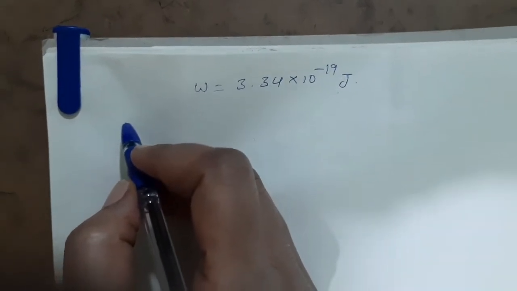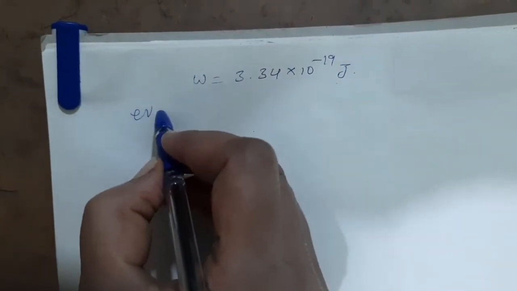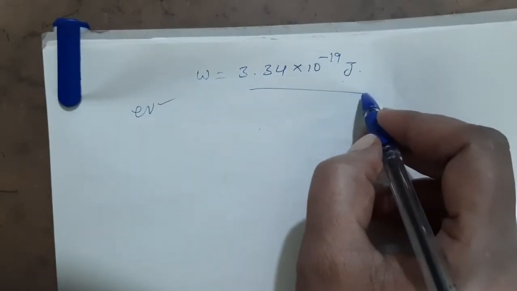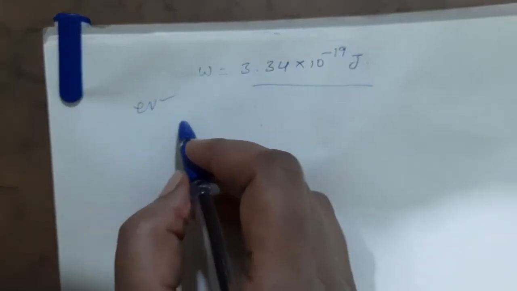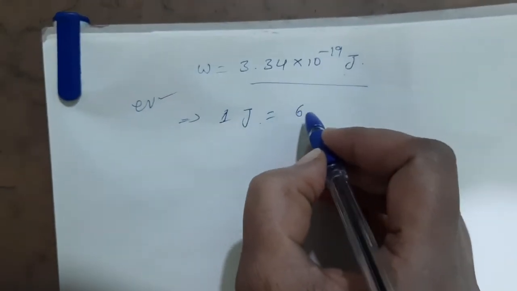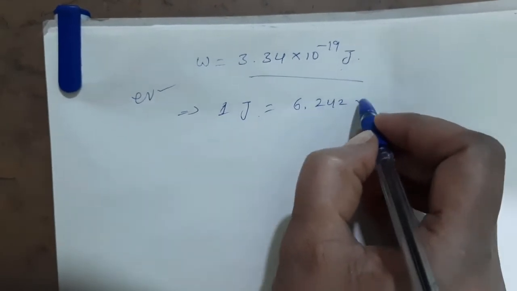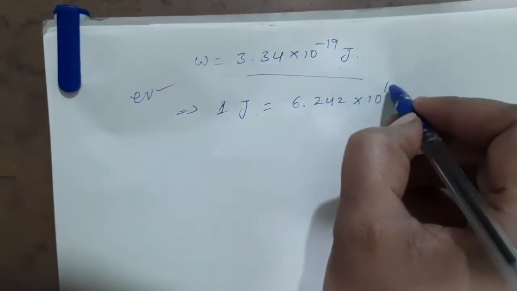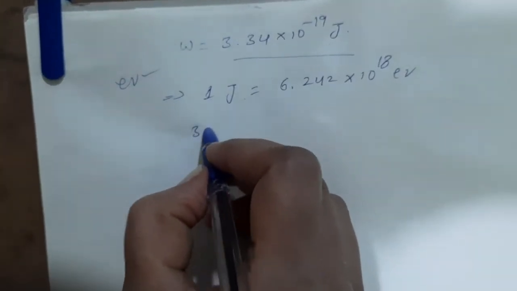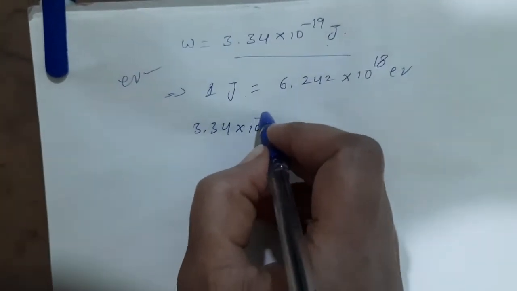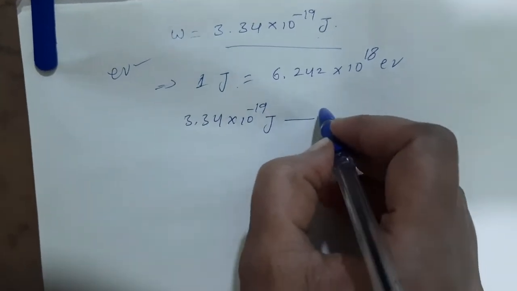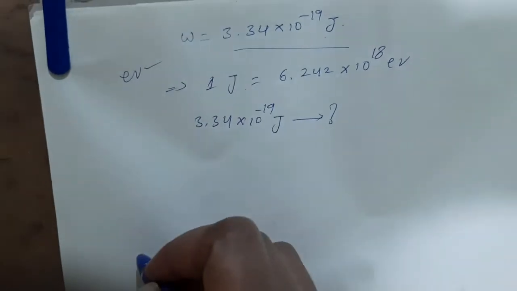But all options are given in electron volts only. For that, this joules value can be converted into electron volts. 1 joule is equal to 6.242 into 10 power 18 electron volts. So 3.34 into 10 power minus 19 joules is equal to how many electron volts?